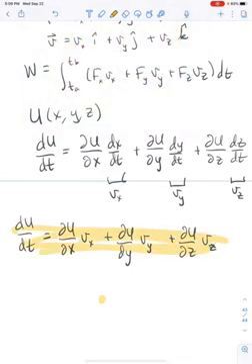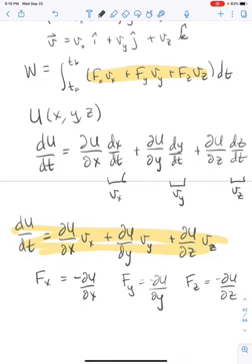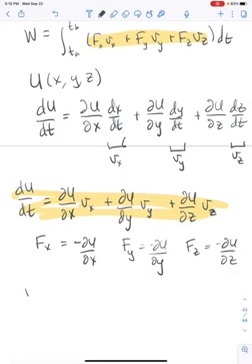Now, let's compare this thing we just wrote to our integrand up here, okay? And hopefully you notice that if Fx is negative ∂U/∂x and Fy is negative ∂U/∂y and Fz is negative ∂U/∂z, then we could write that whole thing up above, right, as the work now is equal to negative integral from t_A to t_B dU/dt dt, right?